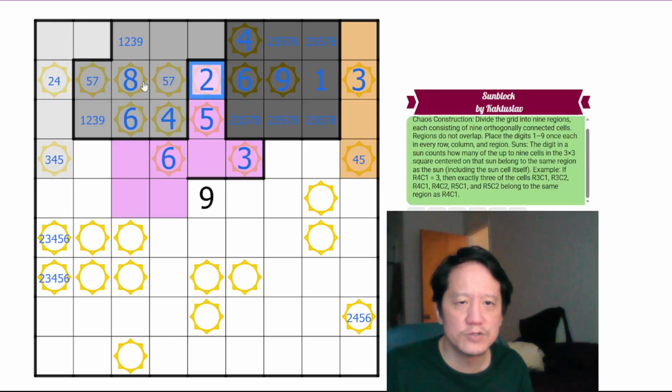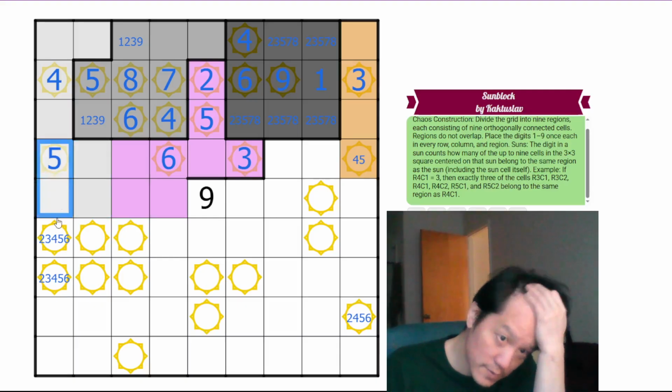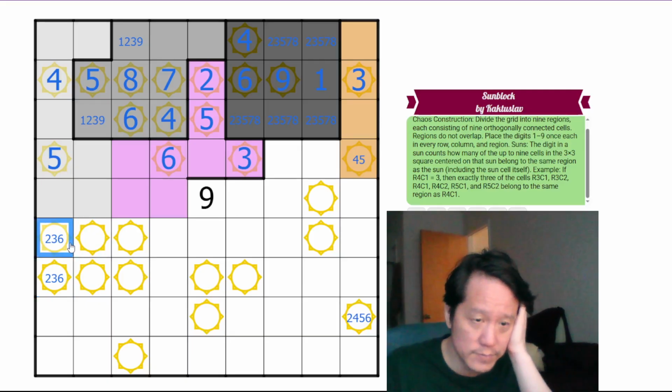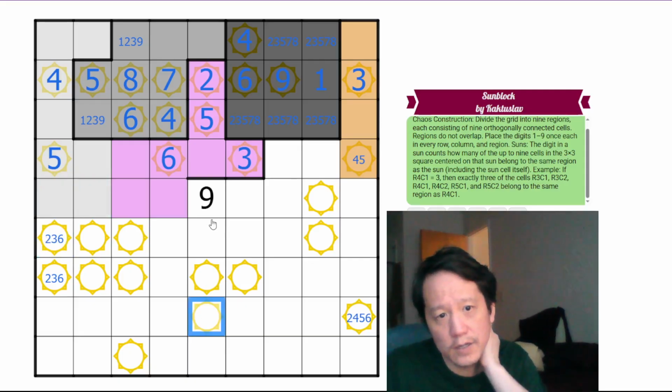This would then be 2. We have 7. This is 5. That's 4. This can't be 3 or 4. It's 5, which has full light as a region. This can't be 5 or 4. Okay.